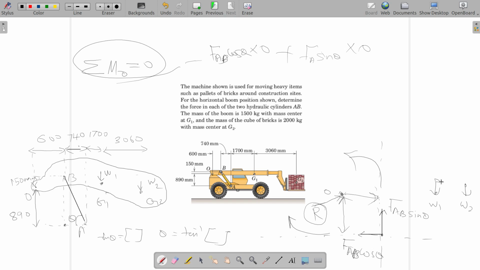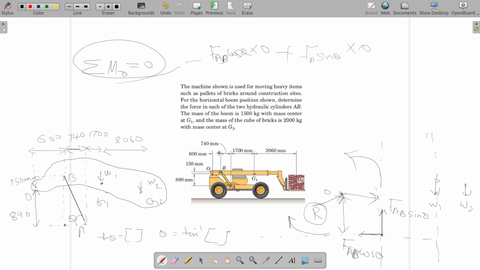Then you have a moment due to W1, and this is the line of action of W1. The perpendicular distance between the line of action of W1 and the point O is 1700 plus 740 plus 600.